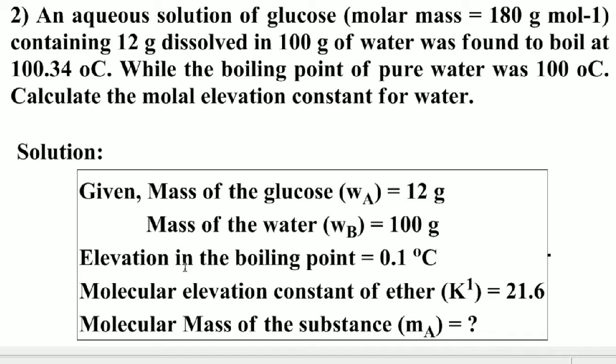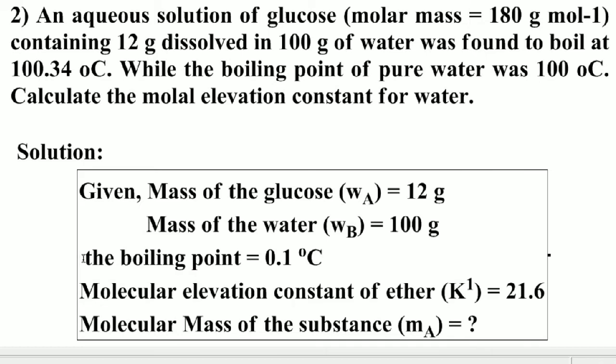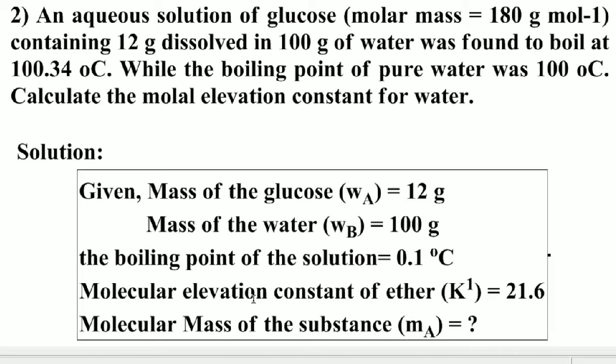And students, the boiling point of the solution is given in this problem. The boiling point of the glucose solution after dissolving the glucose in water is given as 100.34 degrees centigrade.